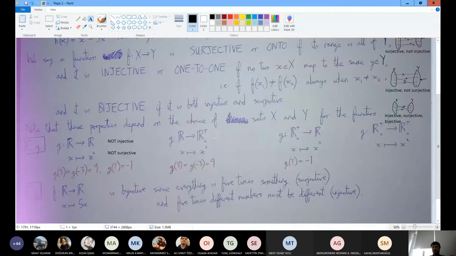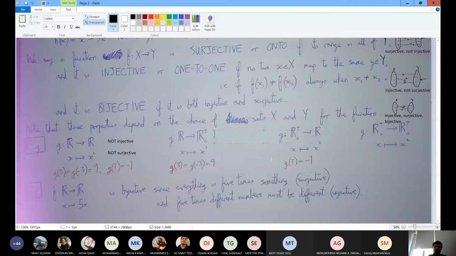So if we choose a different set y, then suddenly it is surjective. But it's still not injective because we still have this problem. g of 3 and g of minus 3 equals 9. So in this set y, everything is hit, so it's surjective, but 9 is hit twice, so it's not injective.